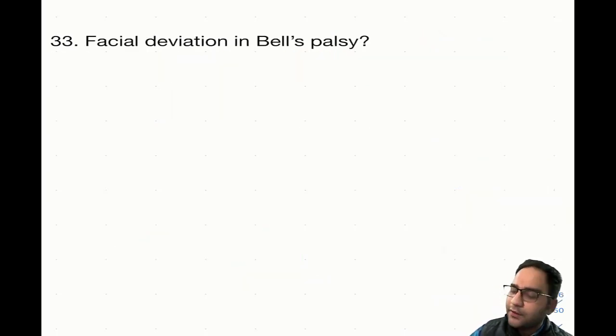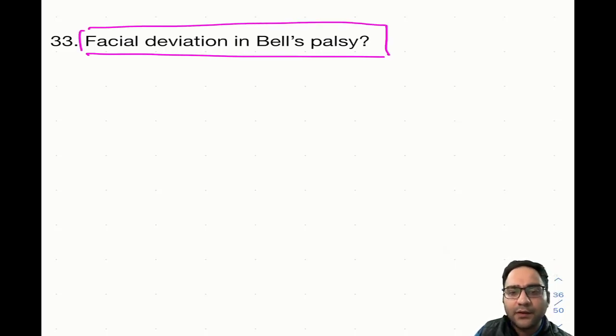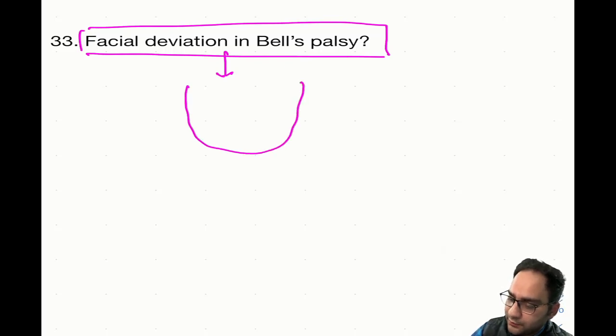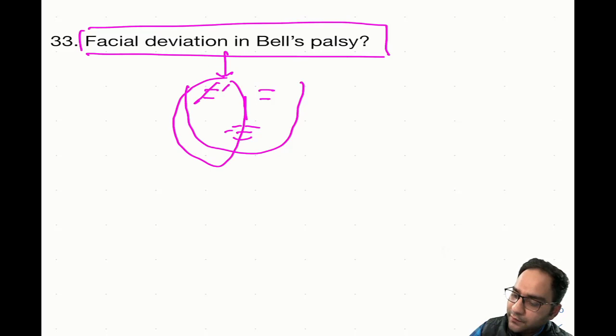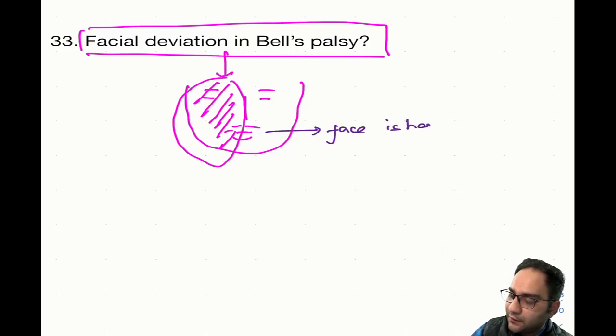Coming to the next question, it was asked, where do you see facial deviation in Bell's palsy? So what you should remember is, if this part of the face is paralyzed, then only this part of the face is having normal innervation.